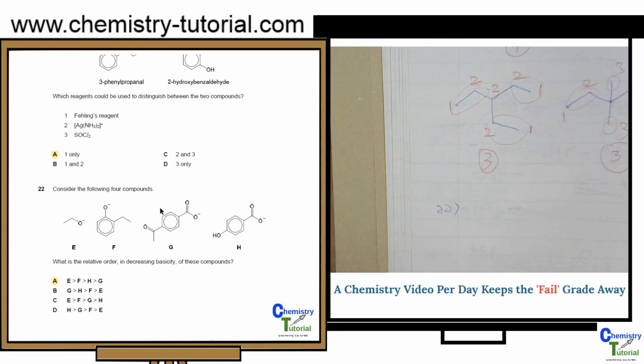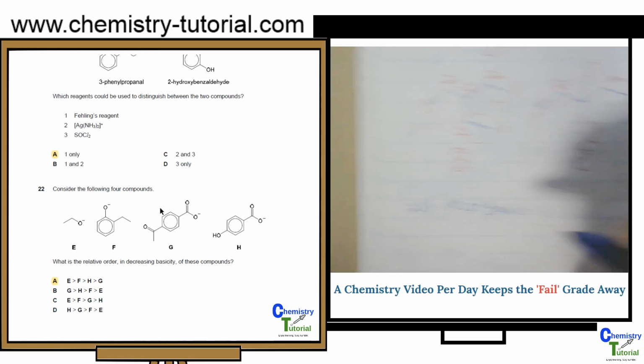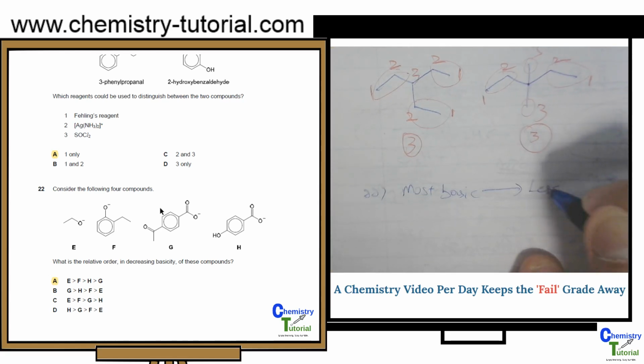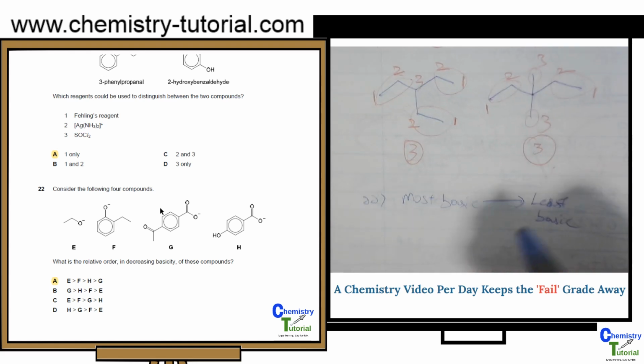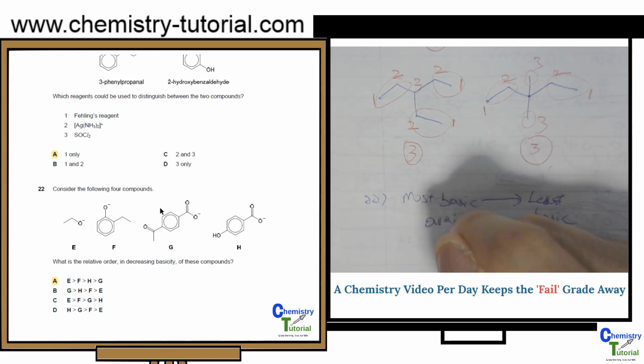In order of decreasing basicity, that means you must have the most basic on the left side to your less basic, the least basic on your right side.